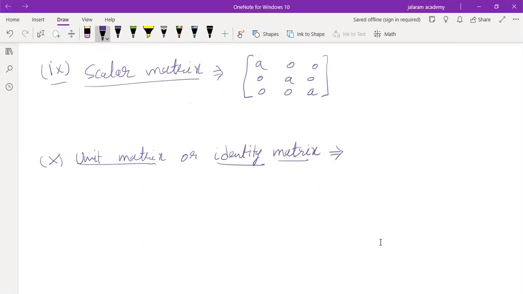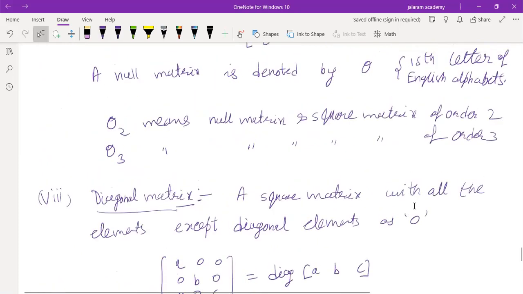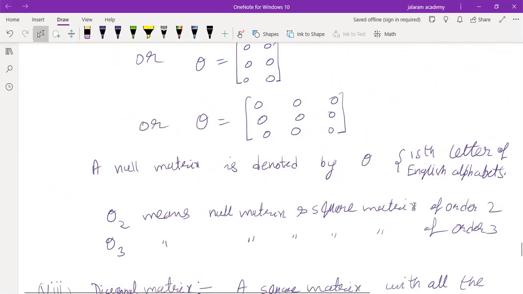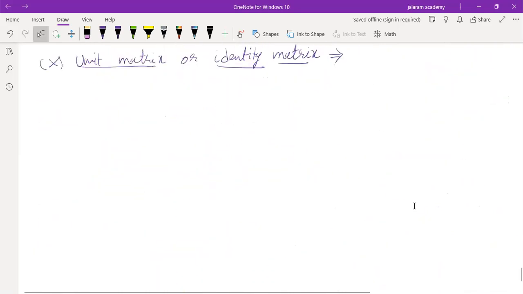Means we can say a type of diagonal matrix in which all the diagonal elements are 1 and the others are 0. Or we can say a square matrix in which diagonal elements are 1 and the other elements are 0. Is that clear to you? It is denoted by I.